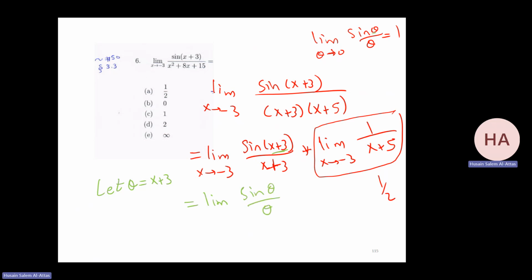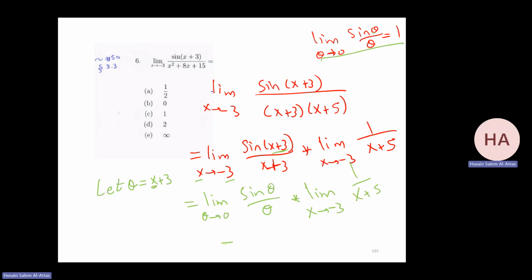And notice, if x goes to minus 3, minus 3 plus 3, so theta goes to 0, which is my formula, times half. Or times the limit, as x goes to minus 3, of 1 over x plus 5. That gives me 1 times half, that gives me half. But this is just substitution.